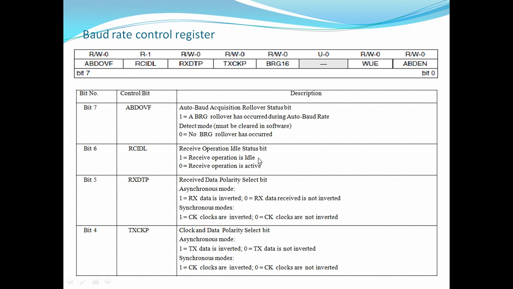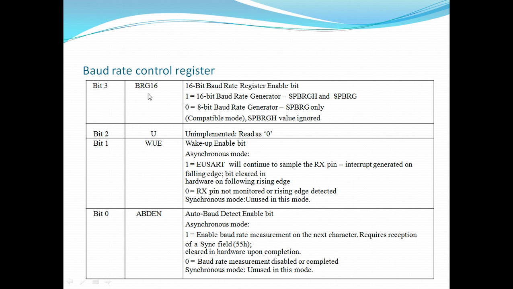In the baud rate control register, you can see the receive operation idle status bit, receive data polarity select bit, and clock data polarity select bit. So inversion is allowed in the microcontroller for reception and transmission of data. So you can see these bits are important. BRG16: here a 16-bit baud rate generator is used.